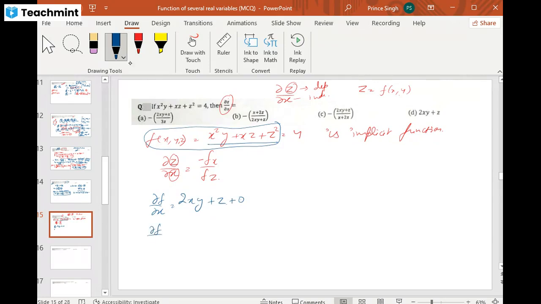Its derivative with respect to z is 0 + x + 2z. If I substitute here, this is minus of (2xy + z) over (x + 2z). So the correct answer is option C.